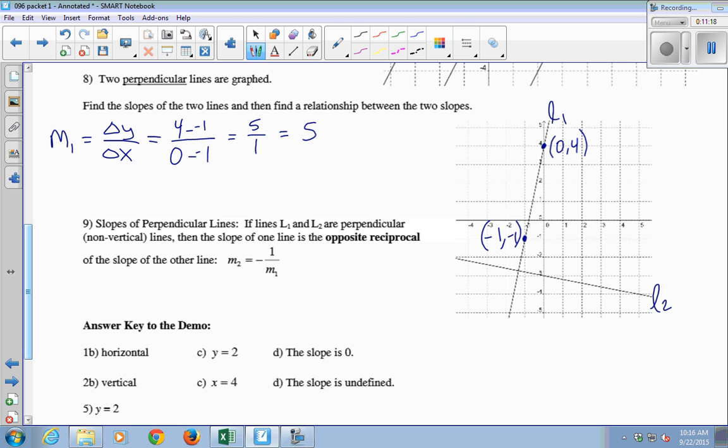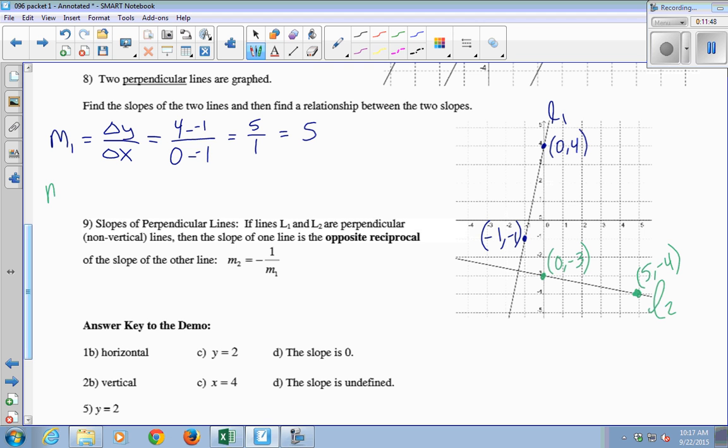Now I'm going to look at the slope of line 2. We'll do this one in a different color. So this is line 2. Looks like (5, -4) is a point on that line, and maybe (0, -3) is a point on that line. So I'm just picking nice grid points where it crosses. And I'm going to find the slope of line 2.